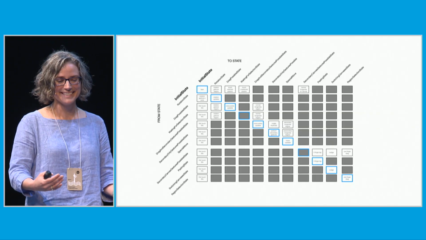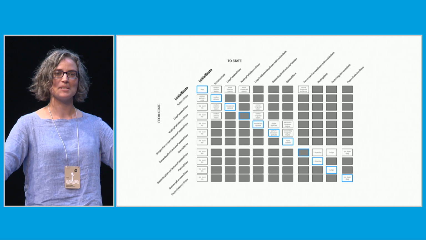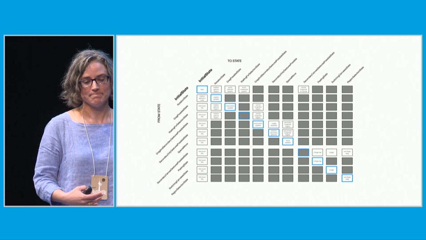And so you can start to see why this approach was so helpful, because this matrix is pretty sparse. Most of the transitions are not allowed. And so that means that once we know that we're in a state, which we always do because we're a state machine, then the array of possibilities before us of what our next step could be is fairly limited.